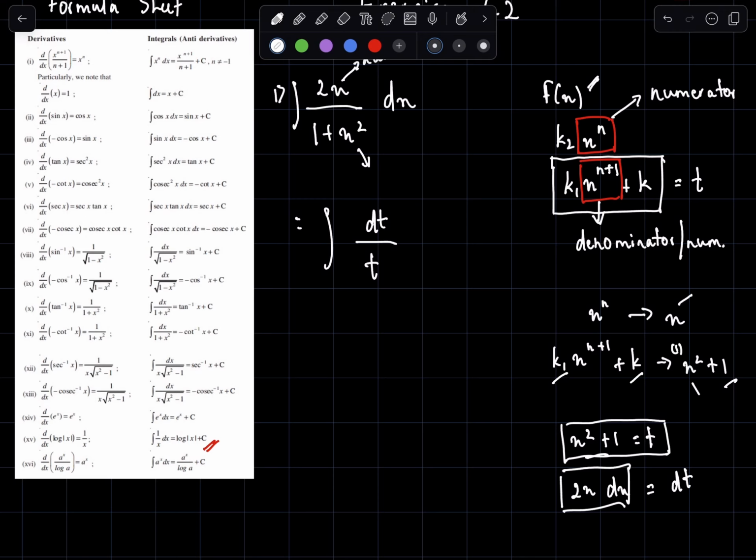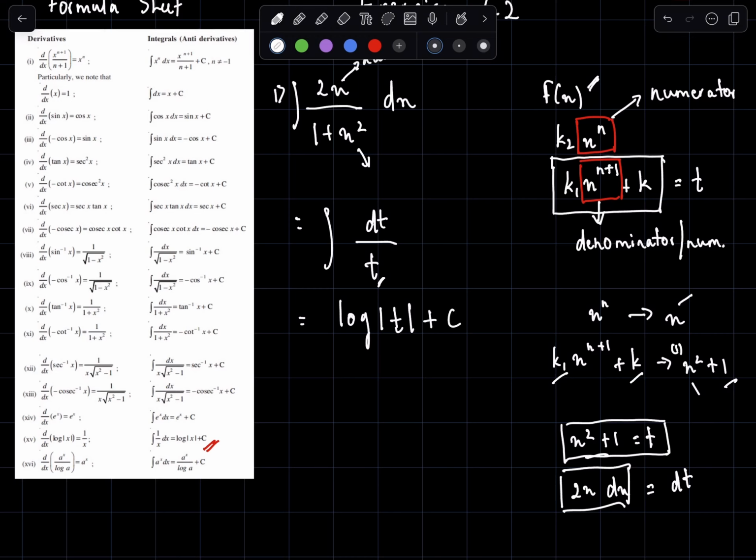Is it the natural log or is it... yes, okay, I think it's going to be ln. Anyways, forget that, just follow what is given: it is equal to log of t, because t is in the denominator, plus c.